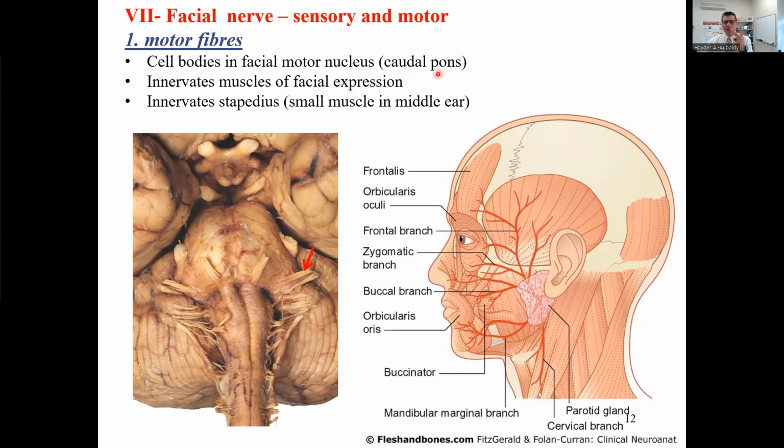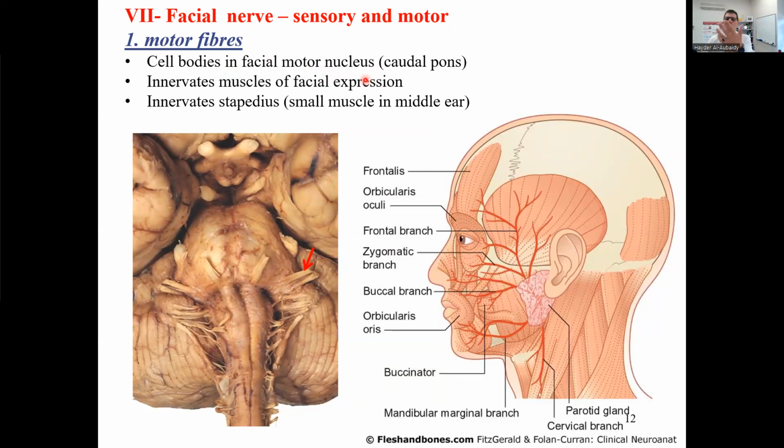So actually there are two facial motor nuclei. One is responsible for innervating the upper muscles of the face, and the other is responsible for innervating the muscles in the lower half of the face. But basically, when you look at them, these two motor nuclei are located in one region referred to as one facial motor nucleus.